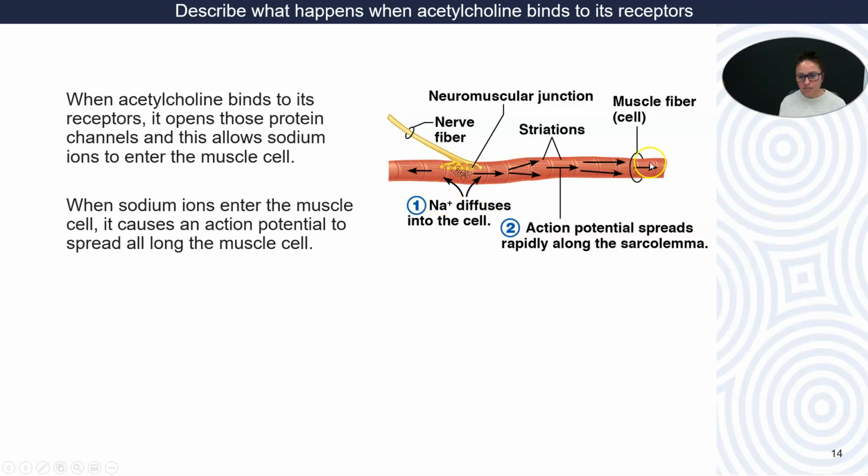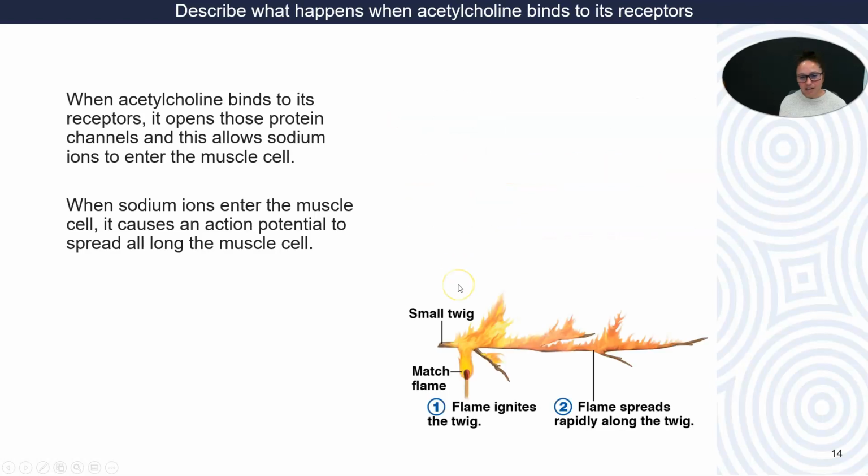And this is the muscle cell. We know that muscle cells are like cylinders. So when sodium enters the muscle cell, it spreads. It causes a muscle action potential, and that spreads all along the muscle cell.